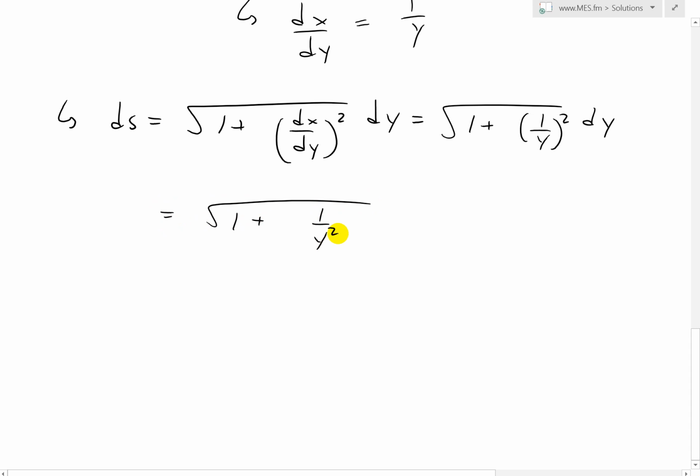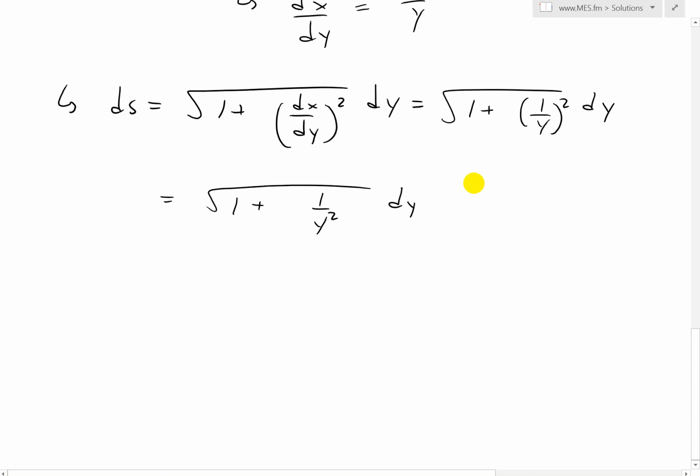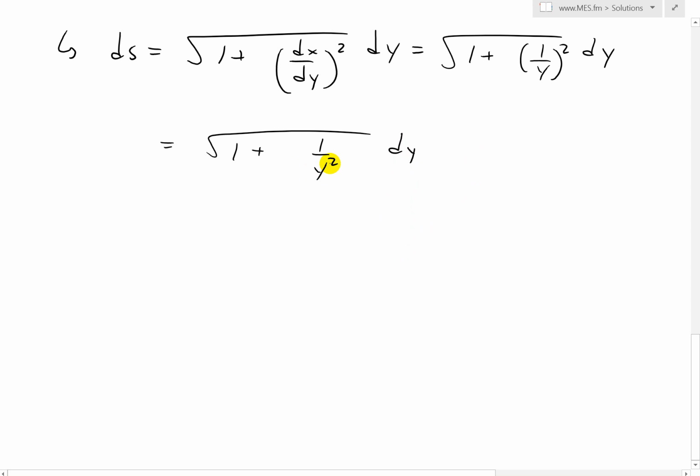Simplified further, we get 1 plus 1 over y squared, dy. Now what we're going to do further here is multiply top and bottom by y squared so we have a common denominator of y squared. Adding them up, this is going to be y squared plus 1 all over y squared, all square root.